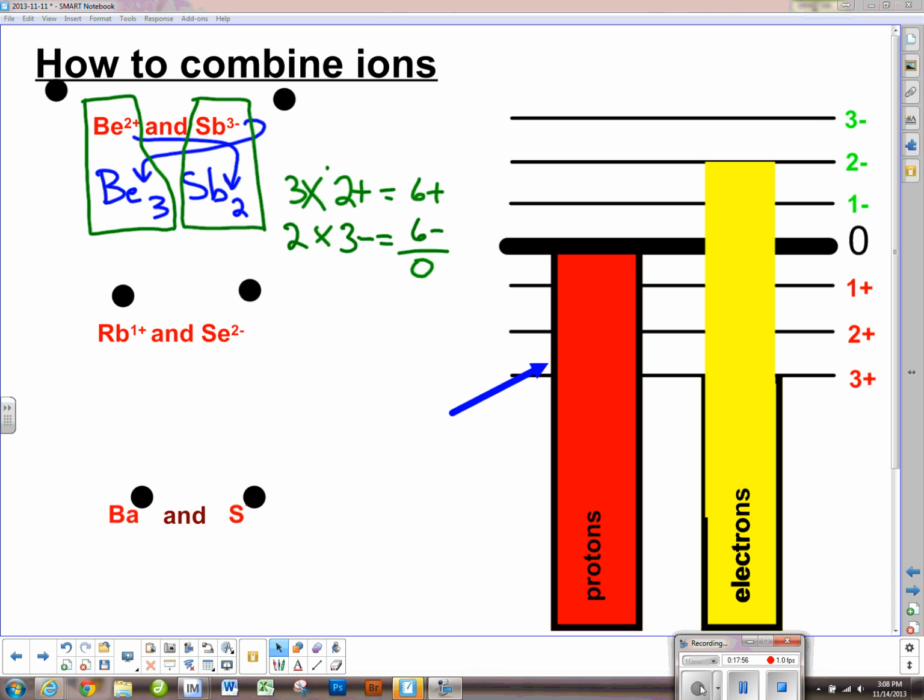Okay, Gavin, what do you have for barium? Barium is 2 plus. And how about sulfur? 2 minus. Okay. By the way, David, let's write the formula for rubidium selenide.